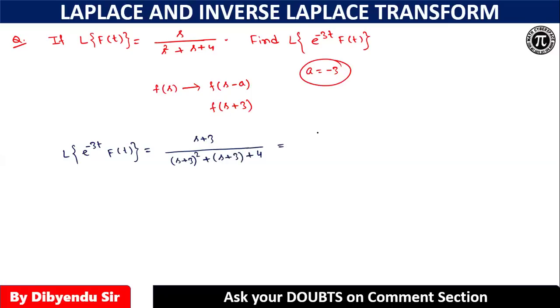Just simplify this: s plus 3 divided by s square plus 6s plus s, that means 7s, plus 9 plus 3 plus 4, that means 16. So s plus 3 divided by s square plus 7s plus 16, this is the answer.